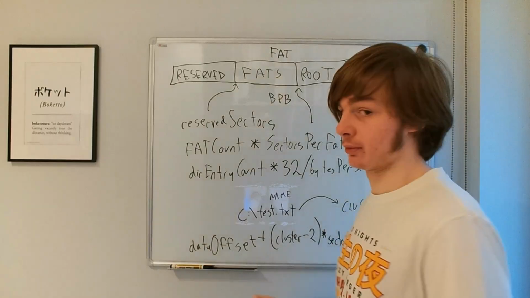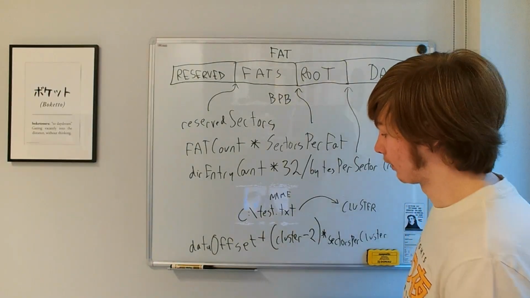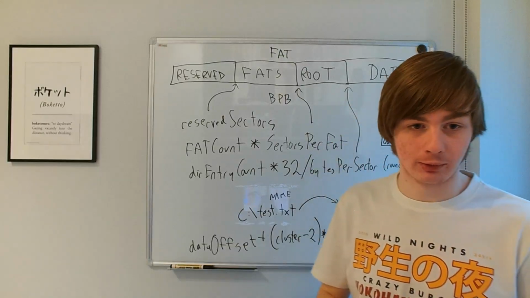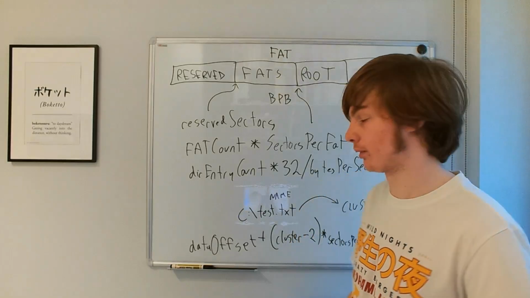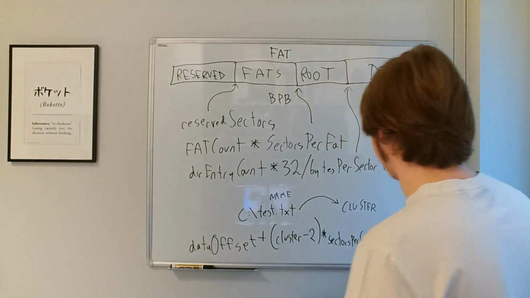This is sort of a simplified example because I've only talked about how to read a file that is in the root directory. But obviously we might have a path that is a bit more complicated. So how can we do that?